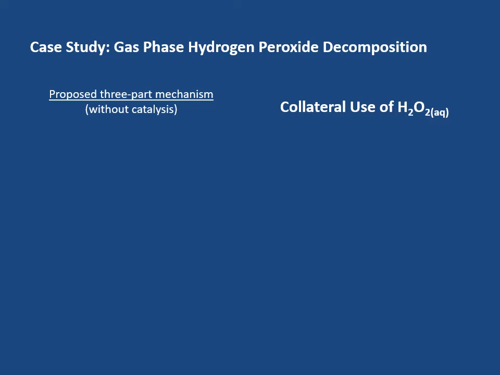This is just a case study. When we think about mechanisms, the decomposition of hydrogen peroxide takes place in aqueous solution. We have aqueous H2O2 going to liquid water and gaseous oxygen. It's easier to think about theoretical kinetics in homogeneous settings, with everything in the gas phase, so a homogeneous reaction rather than a heterogeneous one with different phases, solids, liquids, and gases.